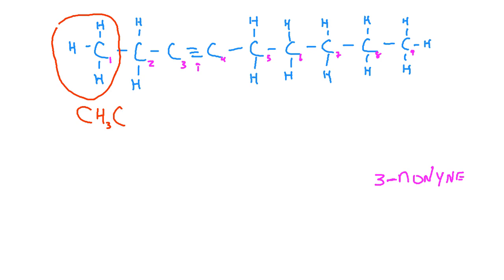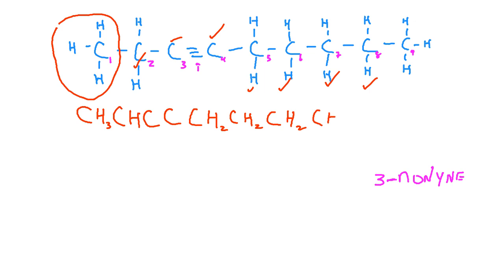Then we have a C, and then another C. Then we have a CH2, another CH2, another CH2, and another CH2. And finally at the end, our old friend CH3, this methyl looking guy. So this is the condensed form of that beast.